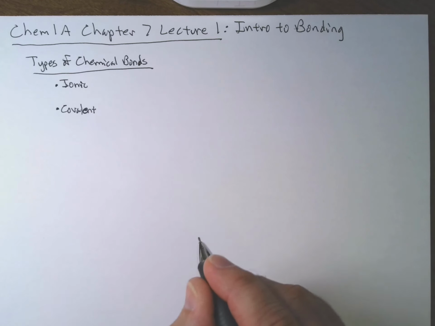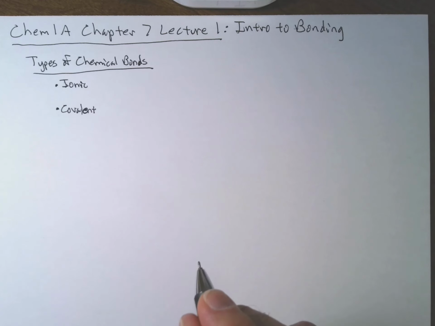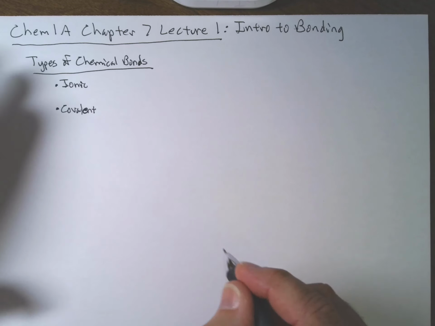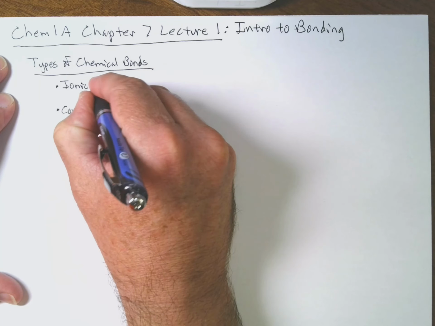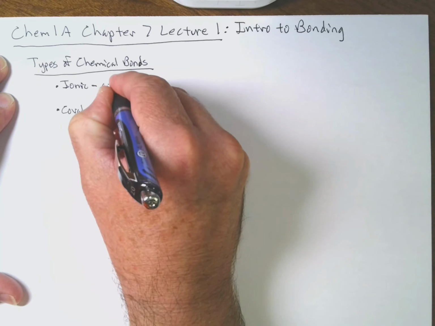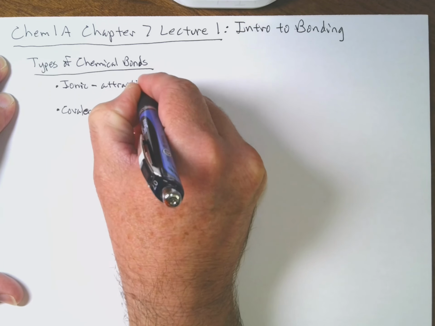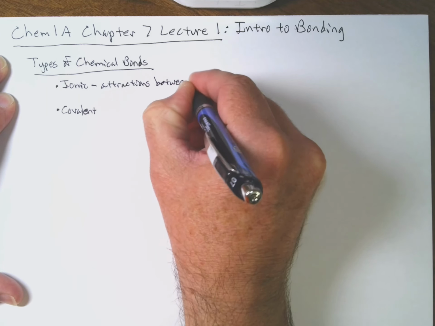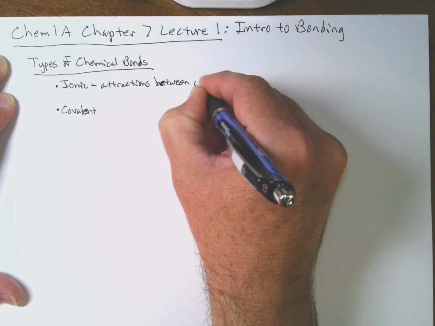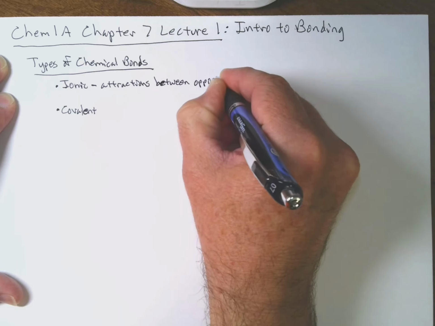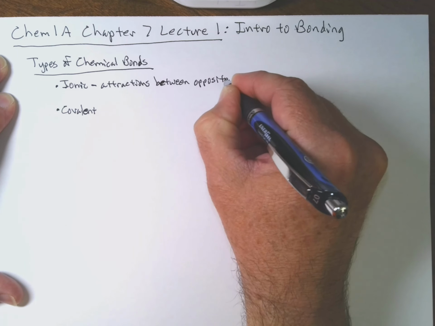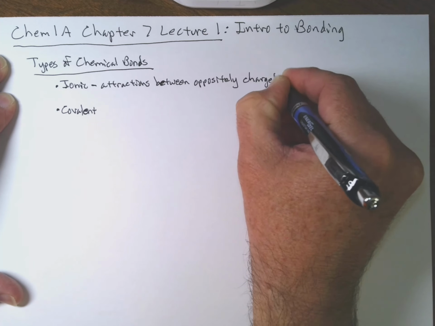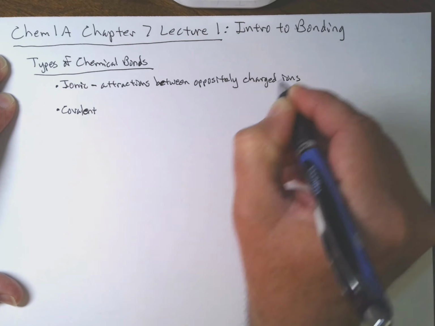Now, ionic bonds are electrostatic attractions between oppositely charged ions. So we'll say attractions between oppositely charged ions.